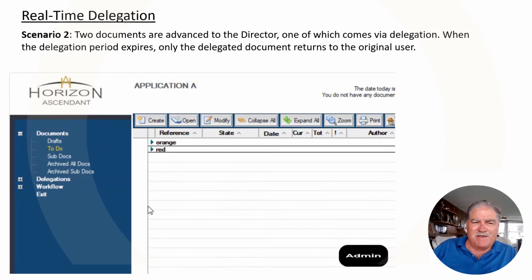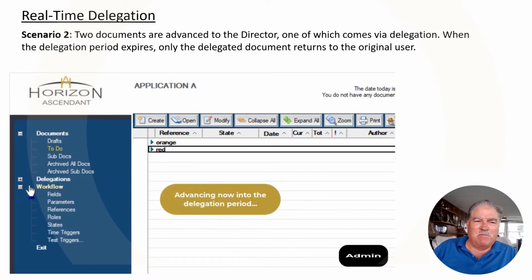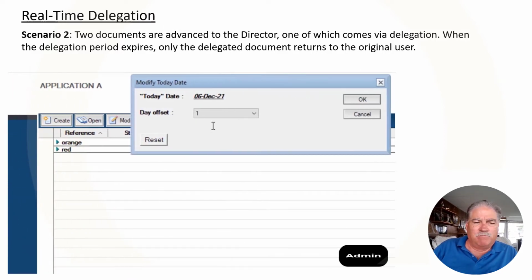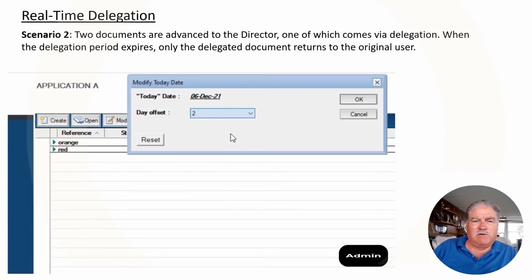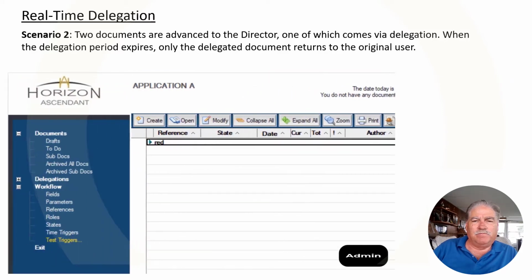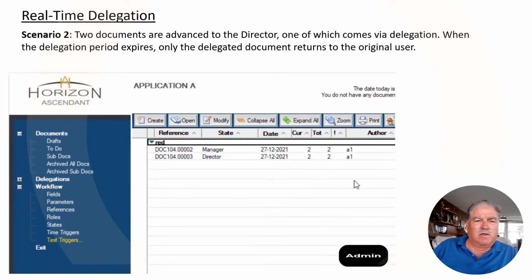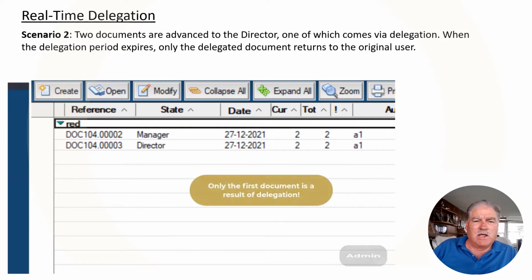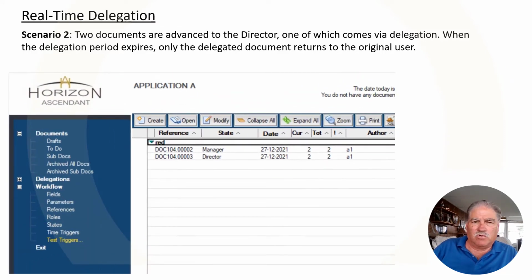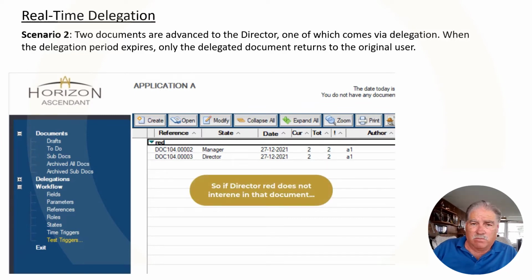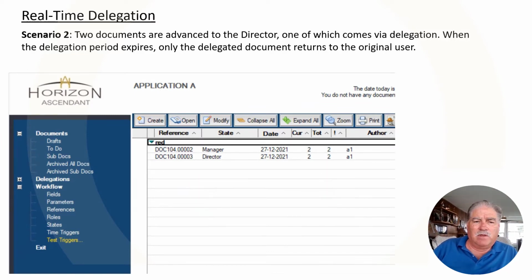Now simulating time. As the DB manager, we're going to advance into the delegation period. So we'll set the date forward a couple of days. And as you can see here, now both documents are under the authority of Director Red, only one of which via delegation.